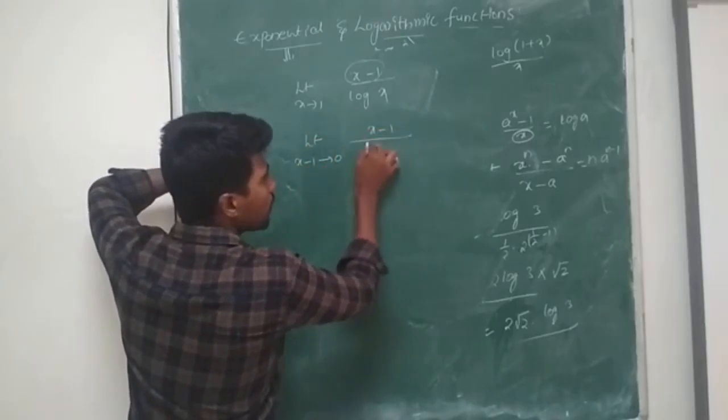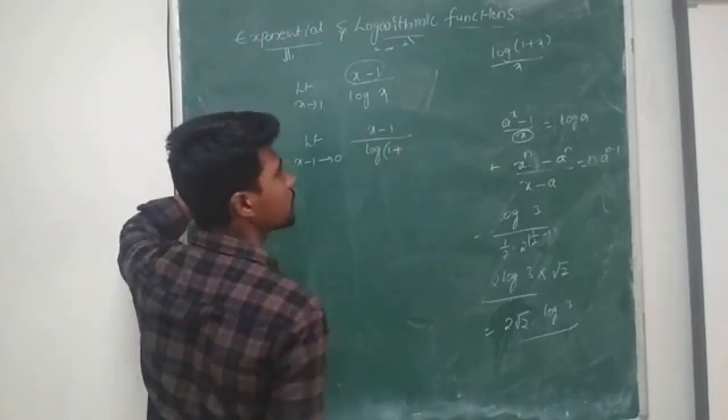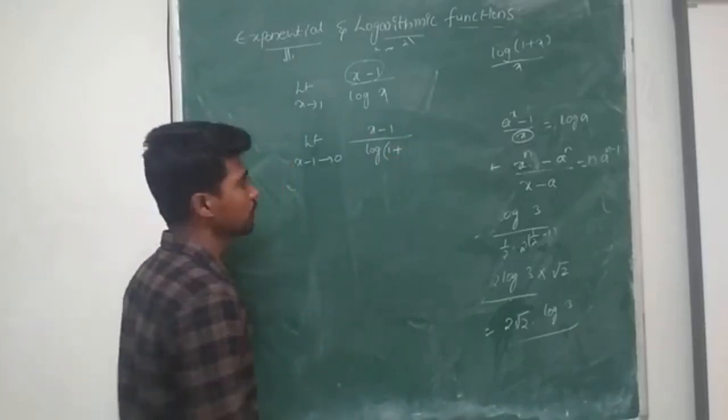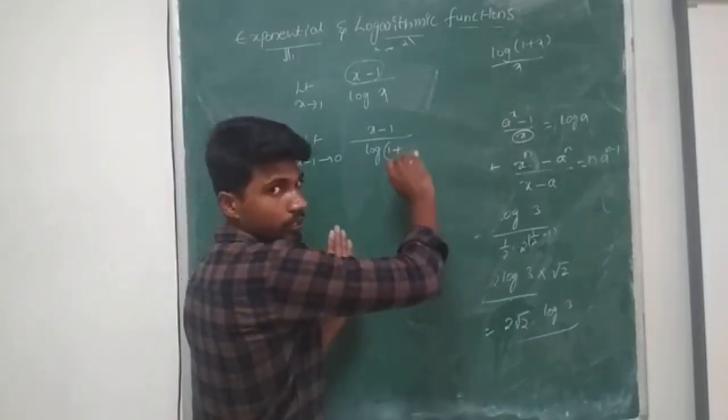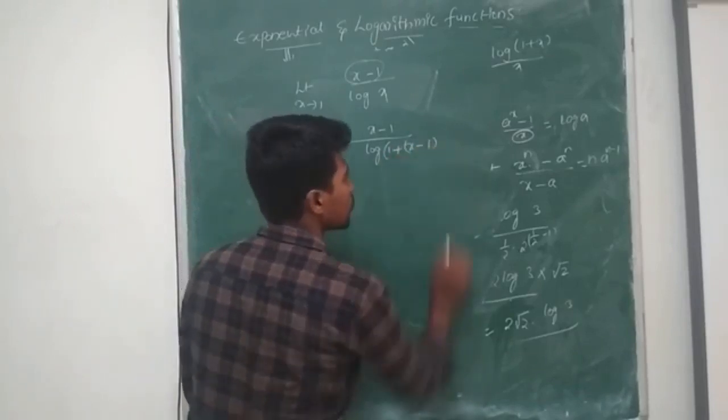(x minus 1) by log of 1 plus (x minus 1). I added 1 here and subtracted 1.